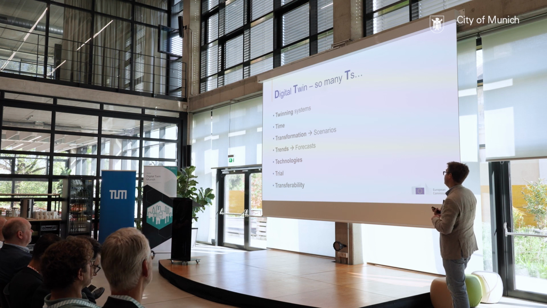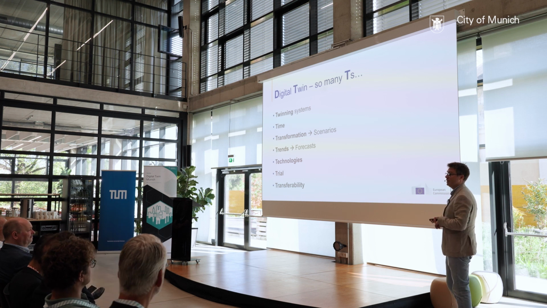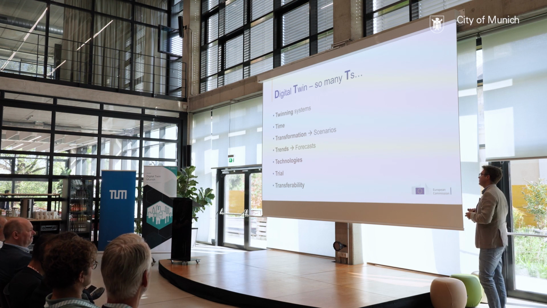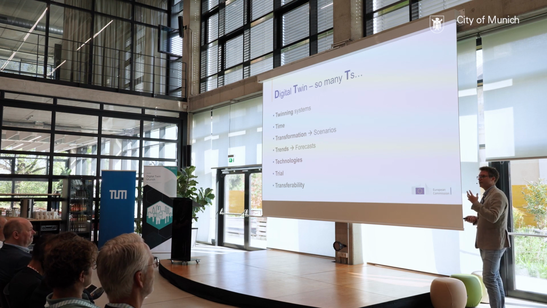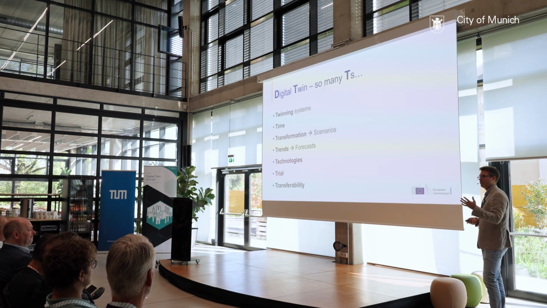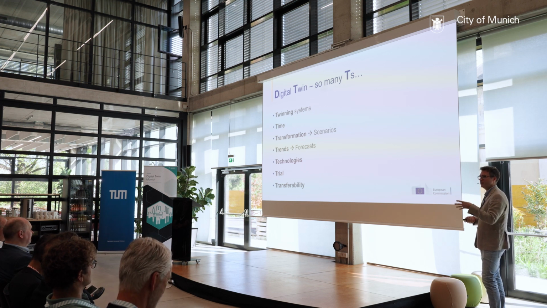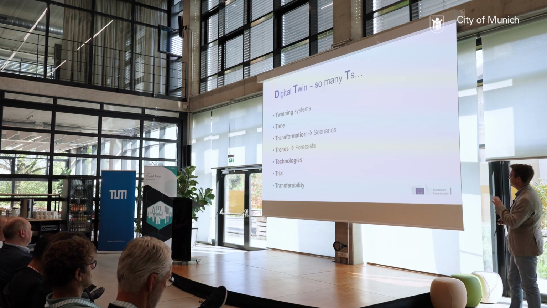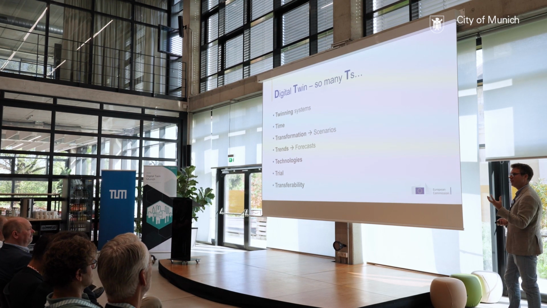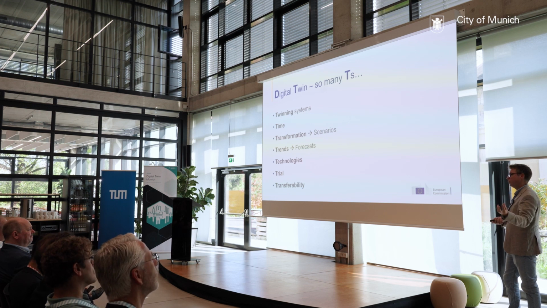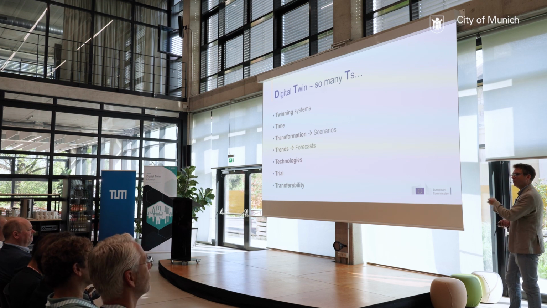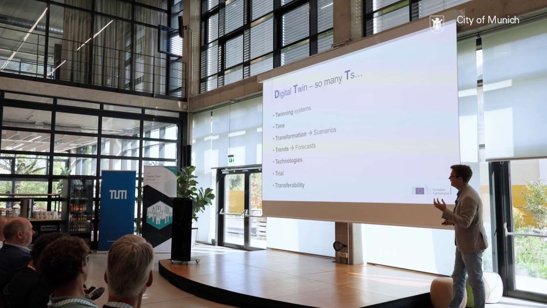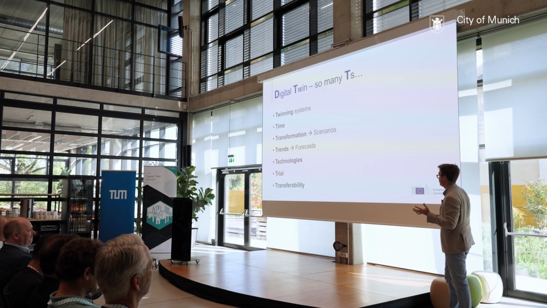And then the last T is actually the transferability. In the smart cities programs over the last years, that was always something, replicability, transferability. I don't even think you find it in most of the vocabularies, but it simply means I do it here, and then with some tweaking I can do it also in another city or maybe in another district where the situation is slightly or maybe completely different.